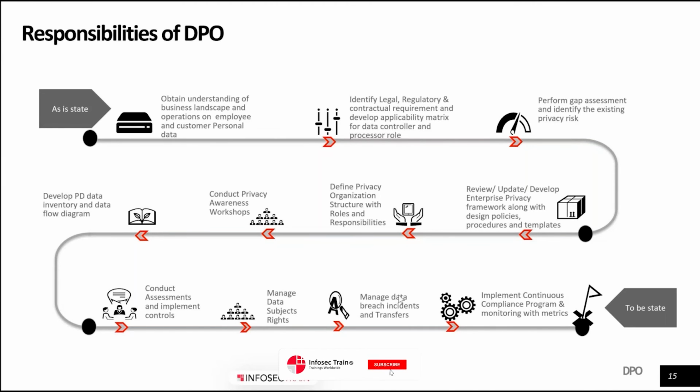Generally people add training and awareness as a last component, but it is an ongoing activity. Once you have developed roles and responsibilities, it's important that you start training and awareness at a very early stage, so that people get the seriousness of what is being brought as a change in the organization, and what their responsibility is when it comes to handling personal data.